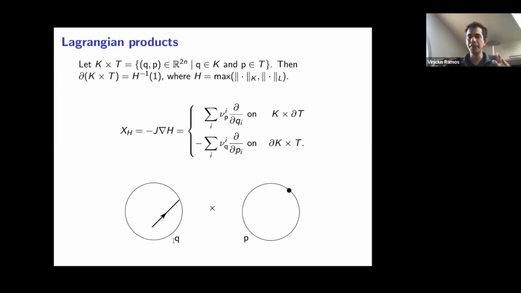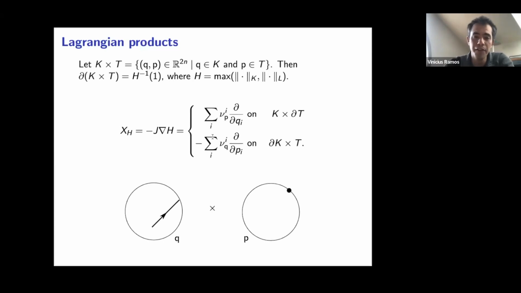When I hit the boundary of K, there's this corner of my manifold. Something happens on this corner, and I'm just going to ignore the fact that it's non-smooth. From then on, I go into the other part of the manifold, and I follow this other vector field.